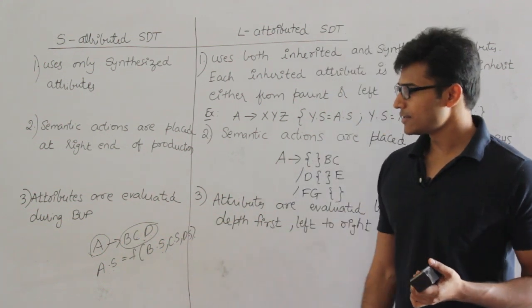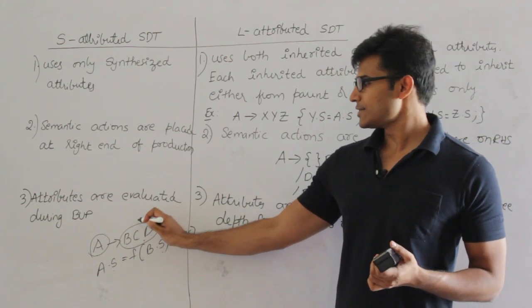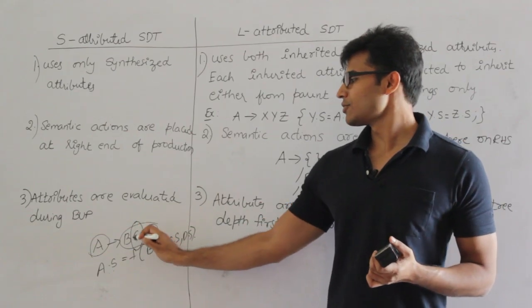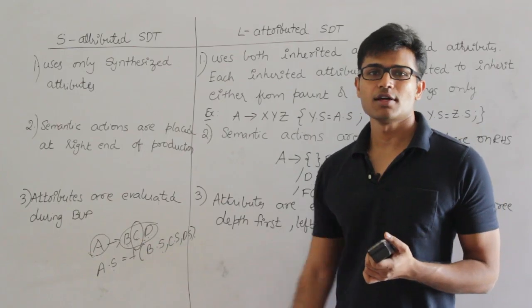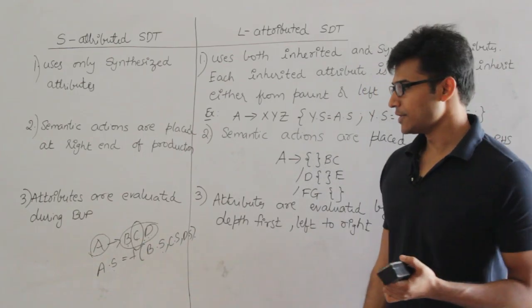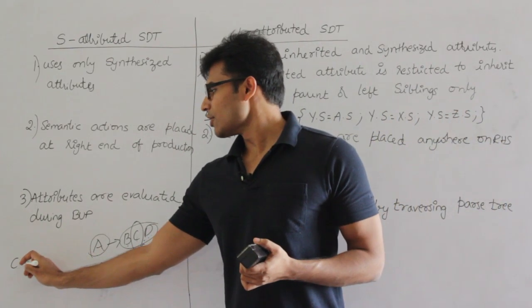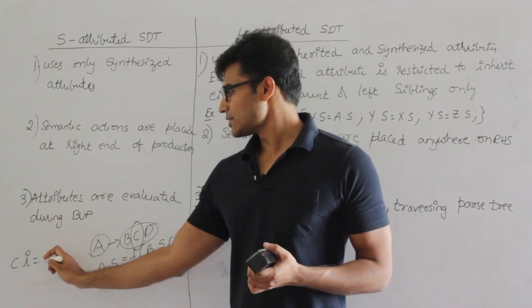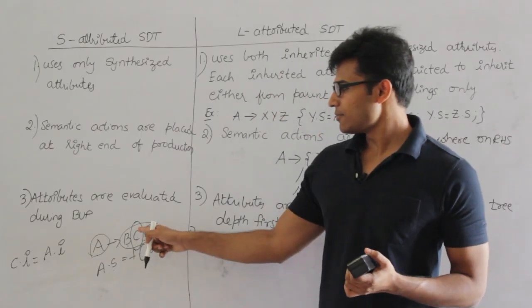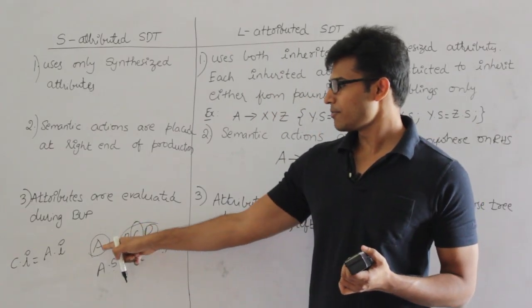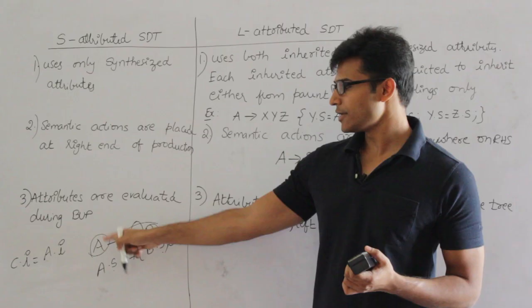And the other way is, if let us say C is taking an attribute from its parent or from its siblings, then such an attribute is called an inherited attribute, which means if I have C.I as an attribute, and if it is taking a value from A.I, something like this, which means a child is taking a value from its parent, then it is called inherited.